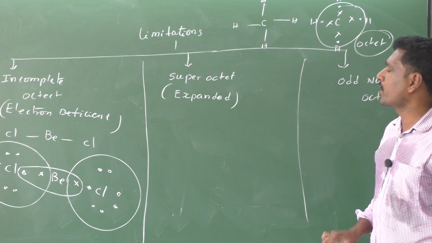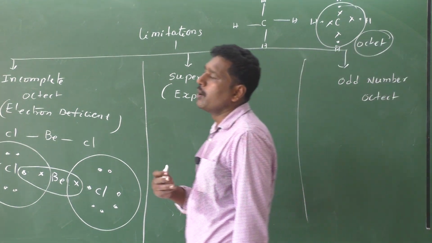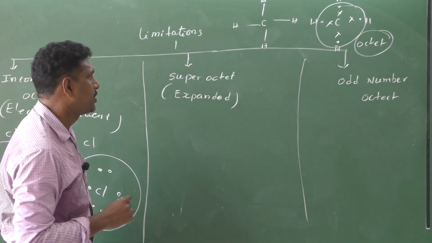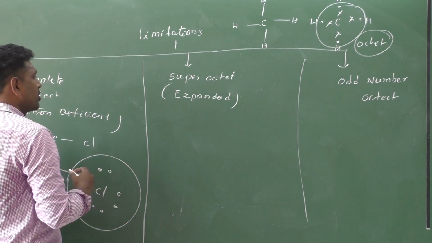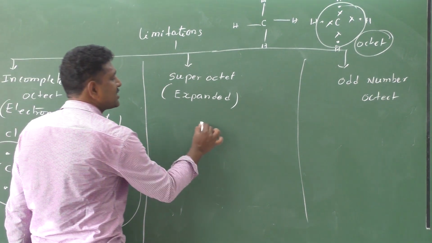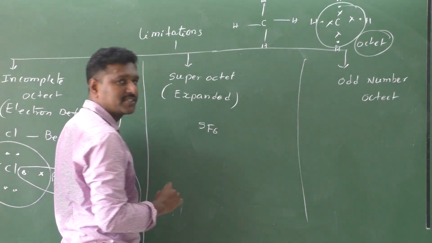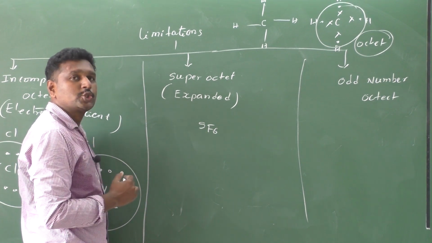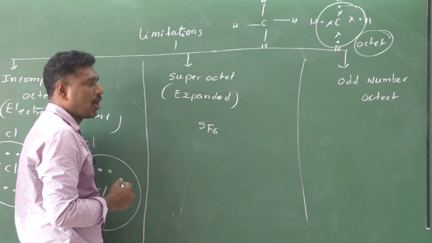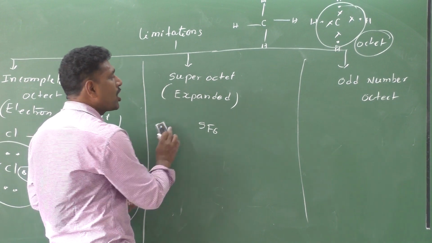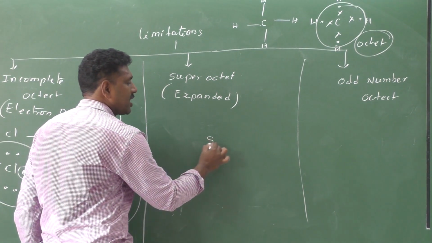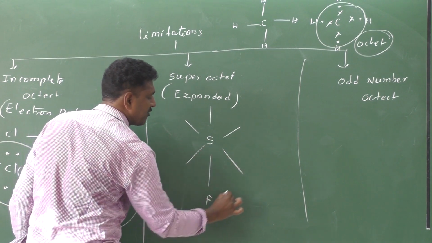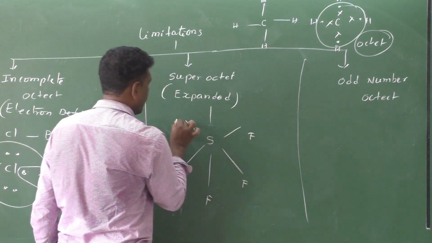But super octet means more than 8 electrons, and yet the molecule is stable. The example is SF6. Sulfur hexafluoride is an example of super octet or expanded octet. This is the structure of sulfur hexafluoride.